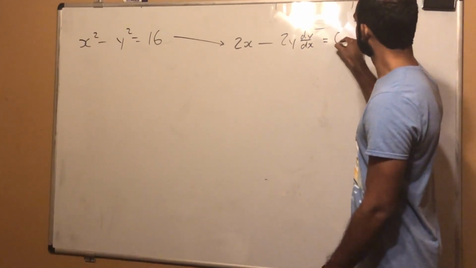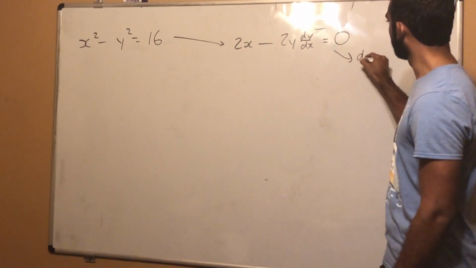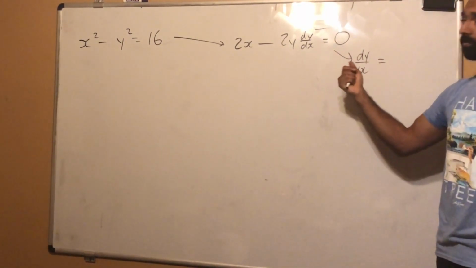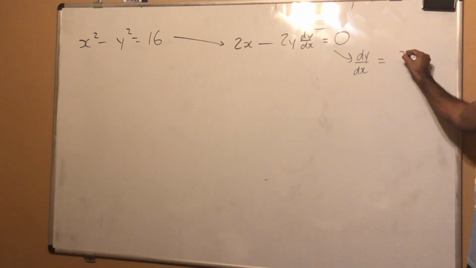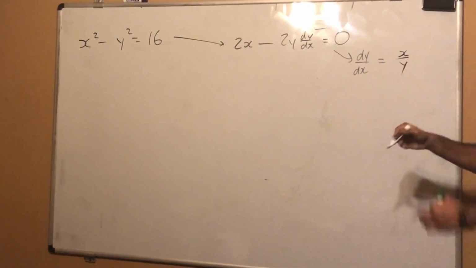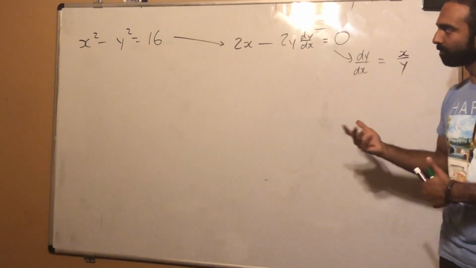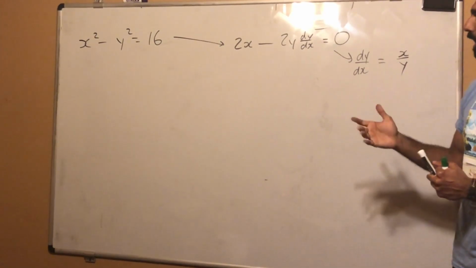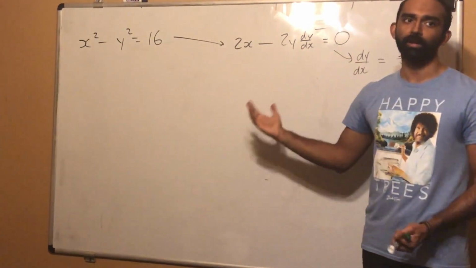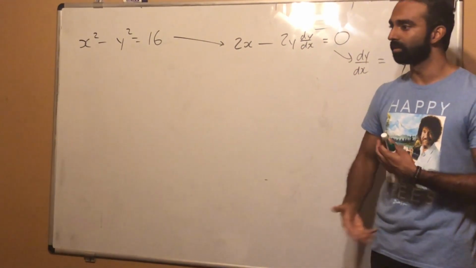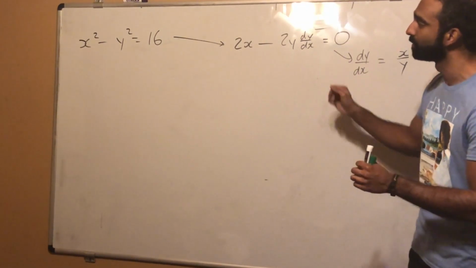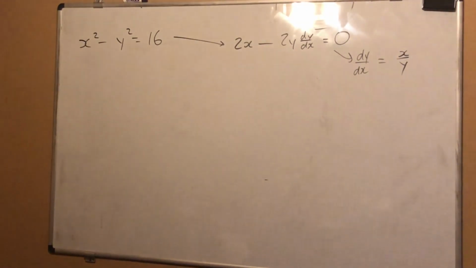Then you can solve for dy over dx. It comes out to be negative 2x over negative 2y, which is x over y. The takeaway is, once you get comfortable with these, at least for relatively simple ones, you can skip writing the differential operator and doing distribution, quotient rule and product rule with it, and seeing that operator visually.